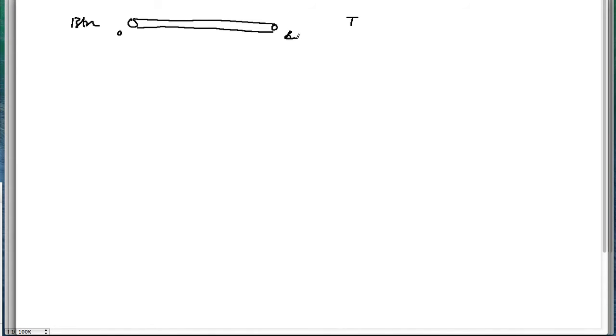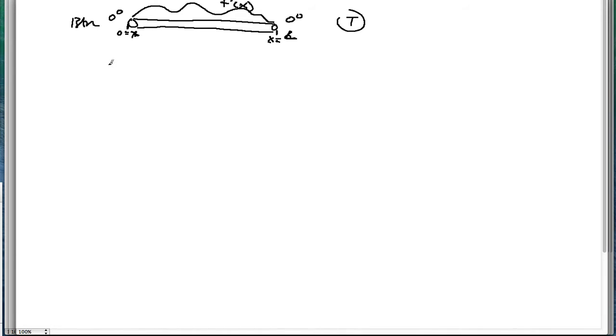So it's 0 degrees at this end and 0 degrees at that end, where x equals 0 here and x equals L there. It's 0 degrees on each end, but we can always just shift upwards. But we have some function for the initial temperature, like that. That's f of x.